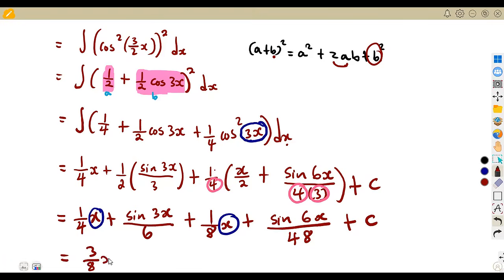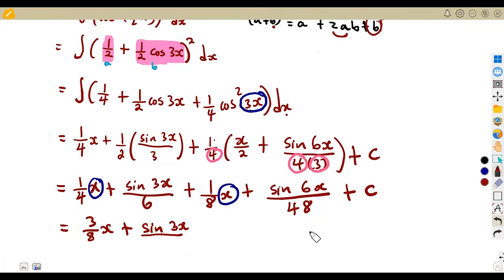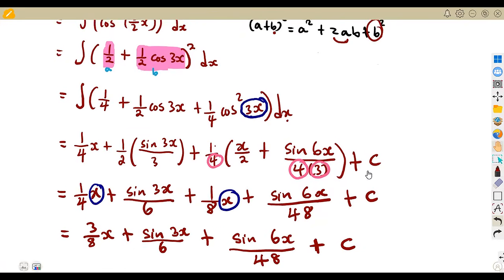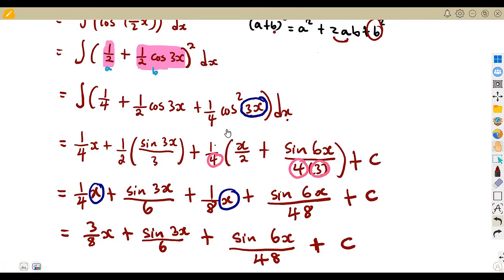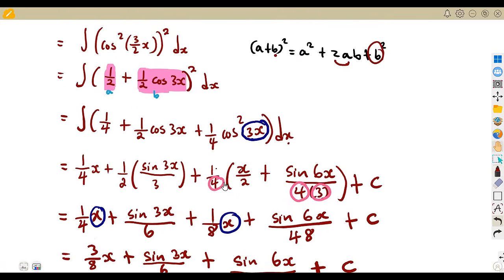So that's 3 over 8x, plus the rest you write as it is: sine of 3x over 6, plus sine of 6x over 48, plus the constant of integration. We are done. There is nothing further you can do. That is how we present our answer at the end.